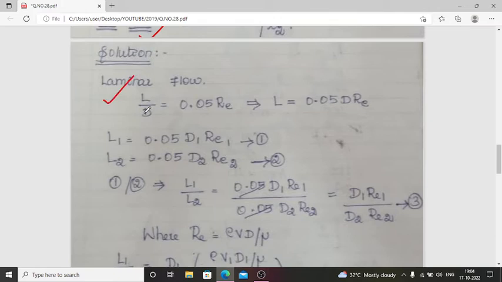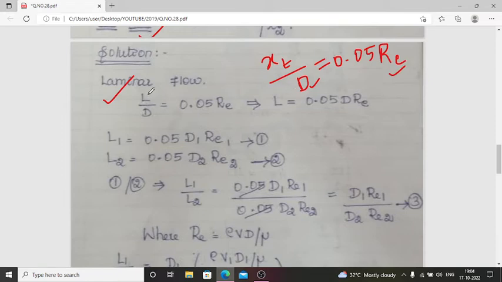So the transition length for laminar flow: the formula is xt divided by capital D is equal to 0.05 into Reynolds number, where xt is the transition length, capital D is the diameter of the pipe, and Re is the Reynolds number.